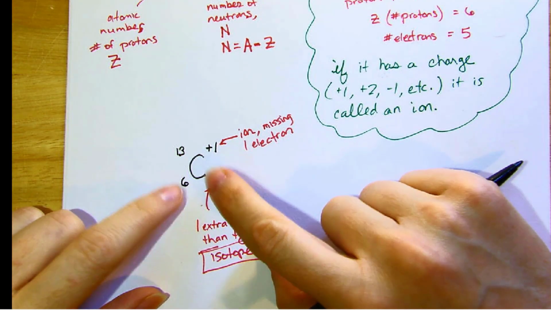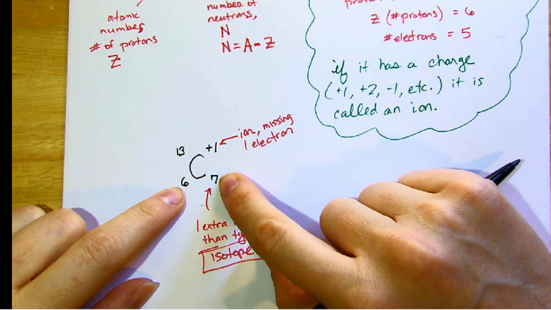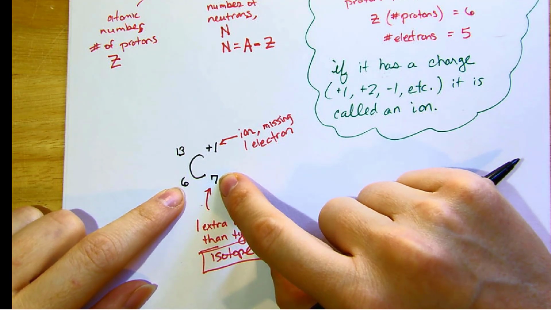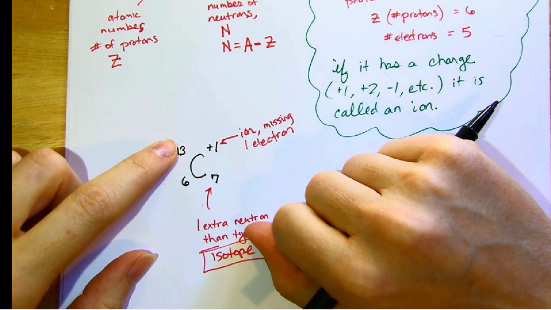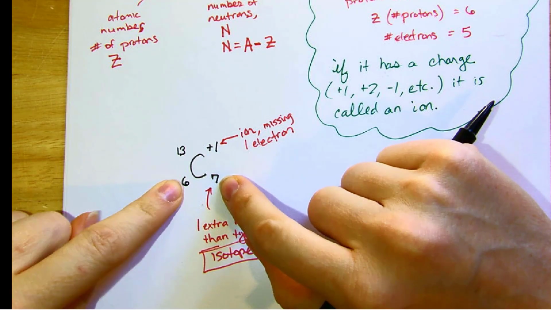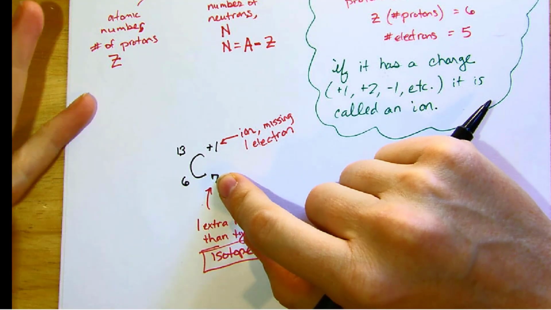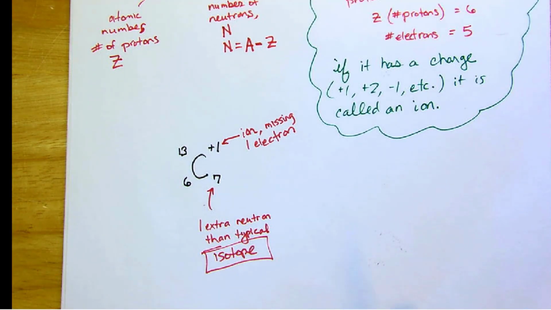And that happens when these are very different from each other, or when they get very big. Like uranium is a huge atom. It has 238 for its mass, so it has a lot of protons and neutrons. At that point, it's just so big, it becomes unstable, and that's why uranium can disintegrate and become radioactive.